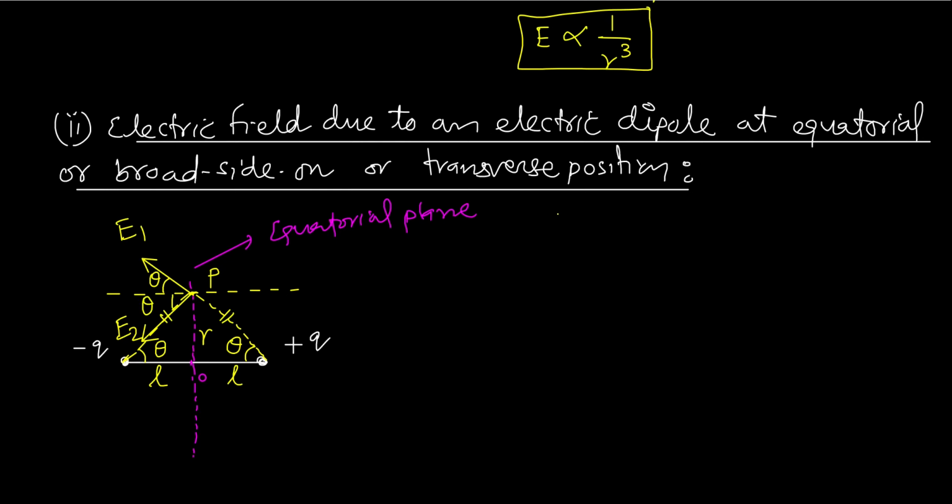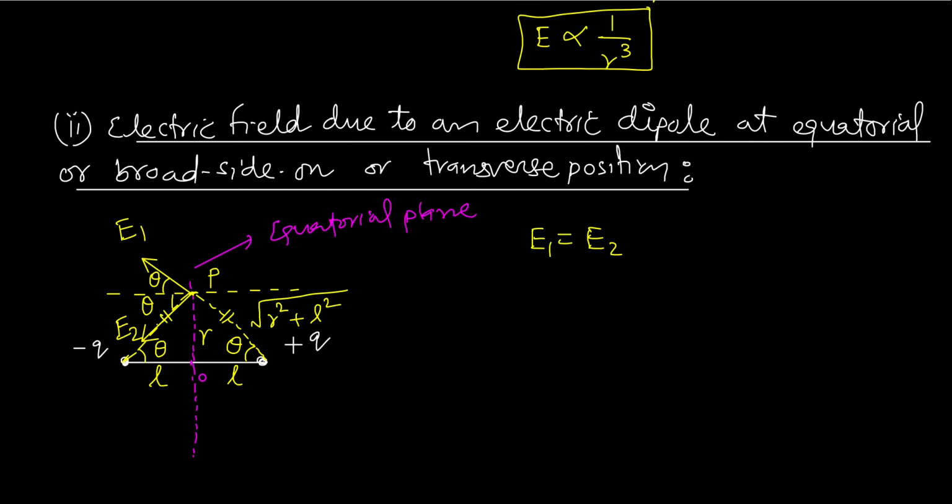Now the magnitudes of E1 and E2 will both be the same, not their directions but magnitudes will be equal, and this distance is L, this distance is r. So using the Pythagoras theorem, either of these 2 distances will be under root r square plus L square.